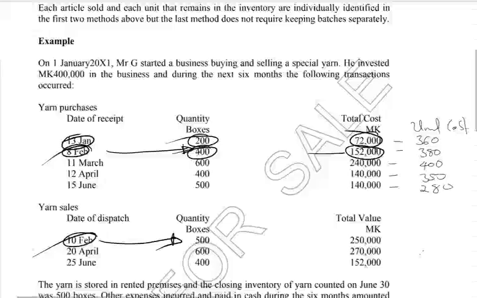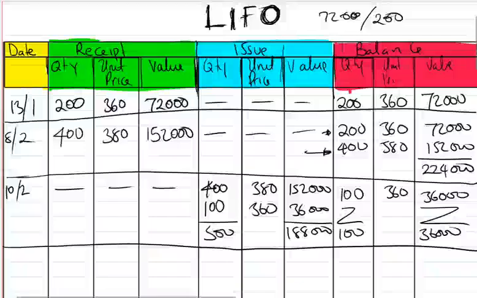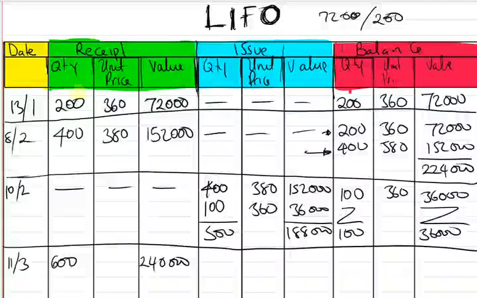So the next date is 11 March. They bought 600 boxes at 240,000. The value per unit will be 240,000 divided by 600, which is 400. There's no issue on that day.